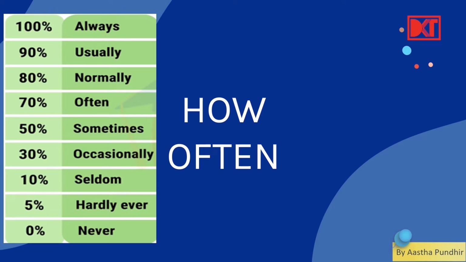Now this is the chart that I have made so that you can understand the how often adverbs. These are all adverbs, all of these. पर एक टाइमलाइन बना दी है कि जैसे अगर how often, if there is something that happens never, which means जो 0%, जो कभी भी नहीं होता, then that is never.